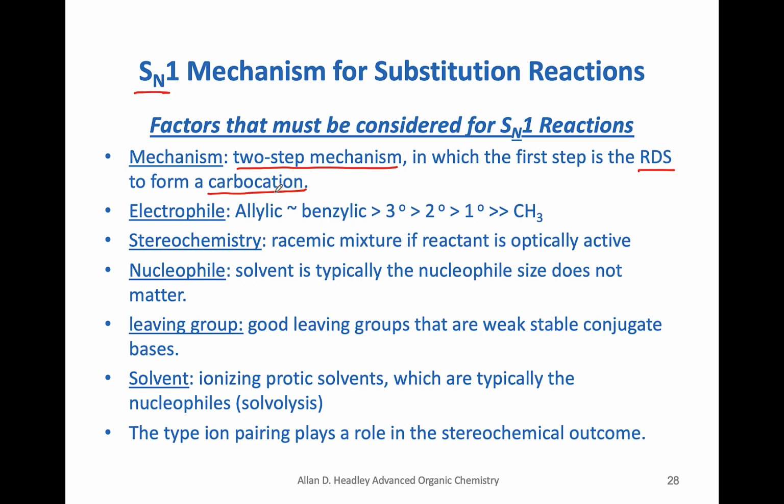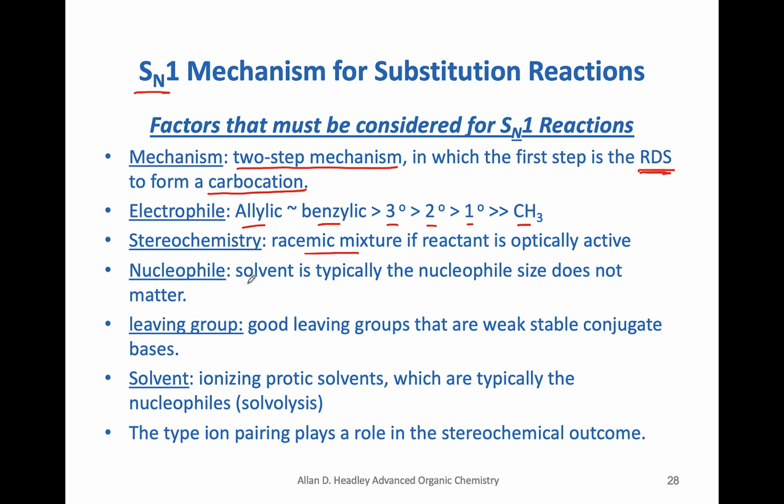So it's a two-step mechanism, but unimolecular, because only one molecule, the electrophile, is used to determine the overall rate in the rate determining step. Regarding the electrophile or substrate, the allylic and benzylic are about equal in stability, but more stable than the tertiary, secondary, methyl, and primary. Stereochemistry: racemic if the reactant is optically active.